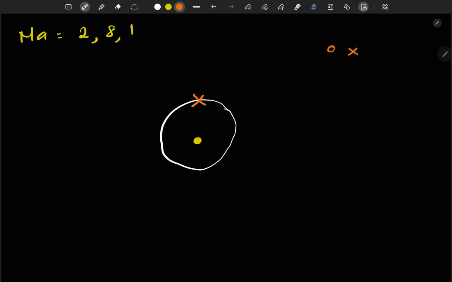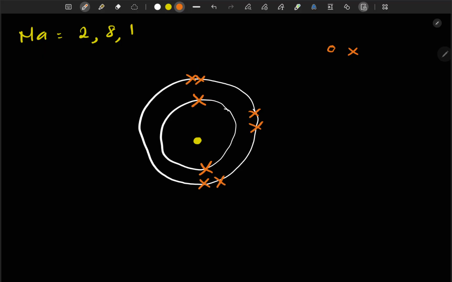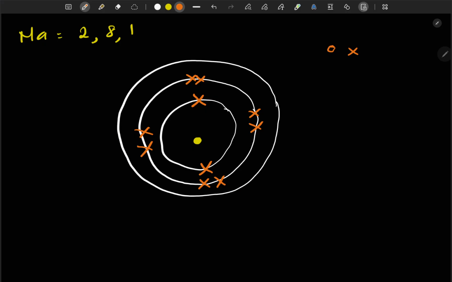You can put 2 electrons, 1, 2, and then make another shell, which is the L shell. You have 8 electrons, so you can put 8 electrons, 1, 2, 3, 4, 5, 6, 7, 8. And then you still have another shell, the M shell, containing 1 electron. So make another shell and put the remaining 1 electron. That sounds clear. All right.